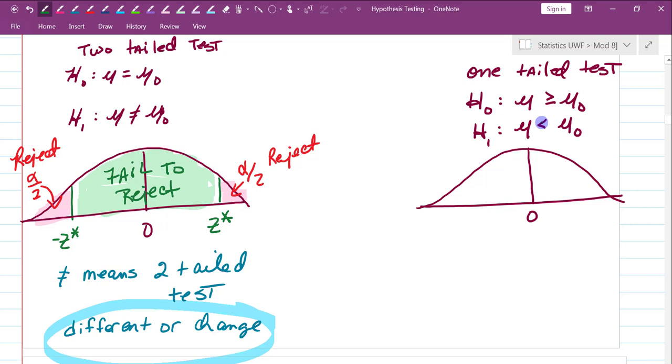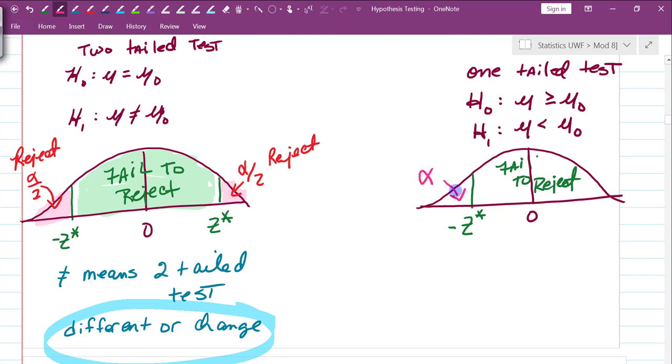And so our critical value is going to go on the left-hand side, and it's going to be a negative value. So our fail to reject is all of this area, and our rejection area is right here. And this is where we're going to put all of alpha.